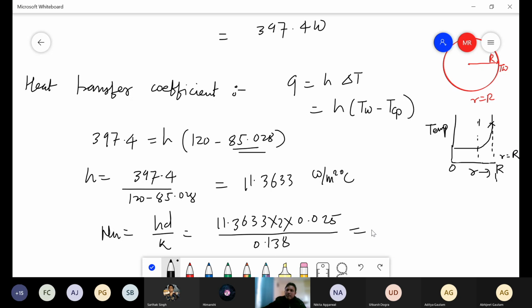So this comes to around 4.117. Check whether this is correct or not. Is it correct? Yes, sir, the value of the Nusselt number is correct.